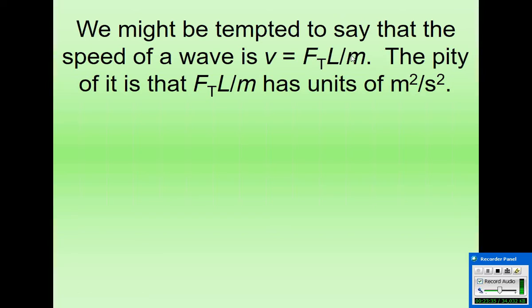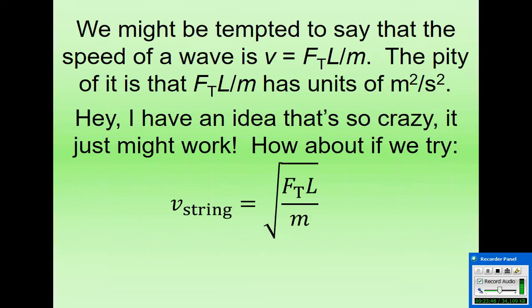But if you do a unit analysis of tension times length divided by the mass, you get units of meters squared per second squared, not meters per second. A genius idea: the square root of meters squared per second squared is meters per second. So perhaps the speed of propagation along the string is equal to the square root of the tension times the length divided by the mass.